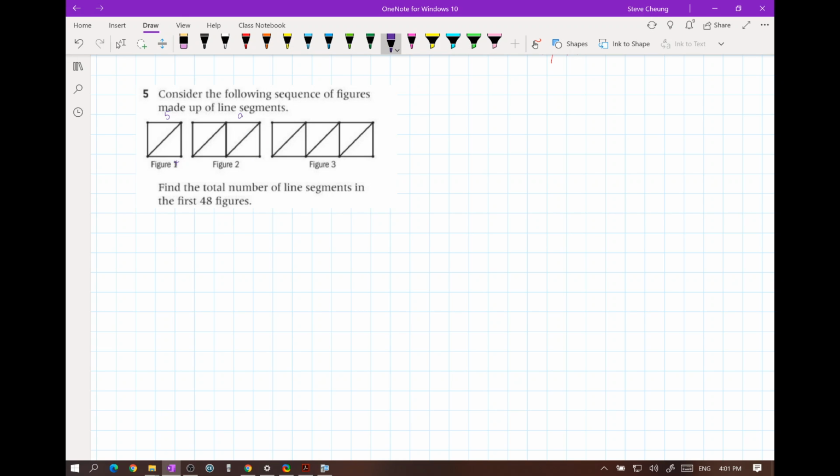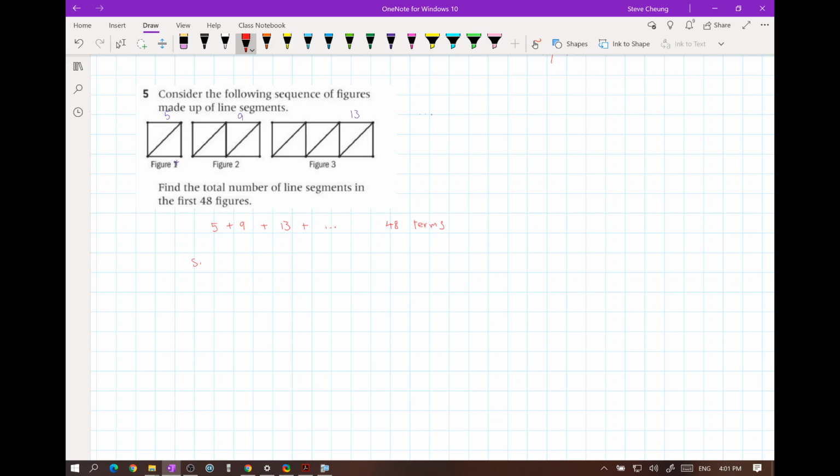So every subsequent picture, you're just putting 4 more to elongate that fence, and so forth. And here we want to find the total number of line segments in the first 48 figures. So we actually want to take 5, add 9, add 13. You want to do that for 48 pictures, 48 terms.